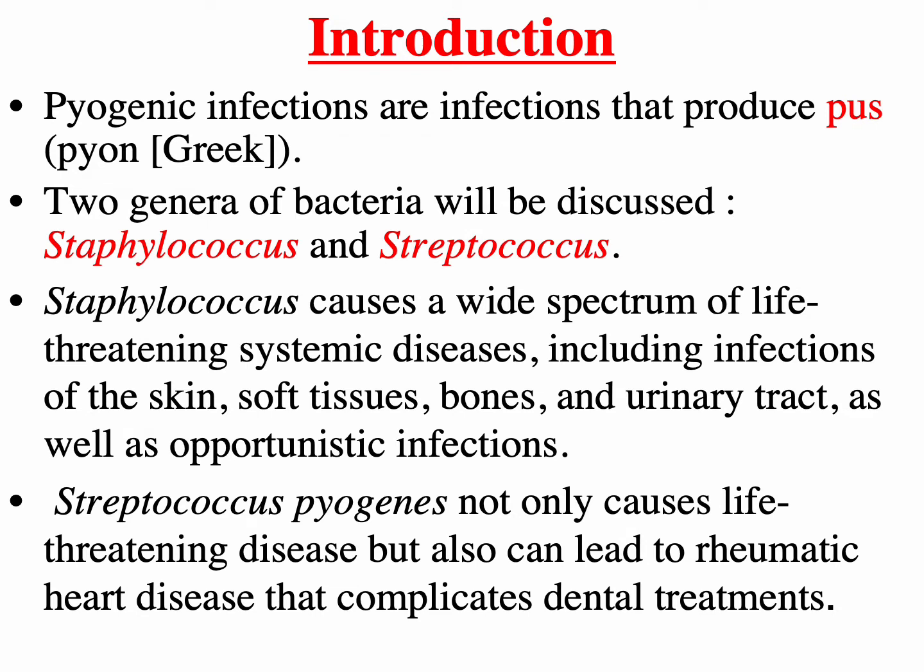Staphylococcus causes a wide spectrum of life-threatening systemic disease, including infection of the skin, soft tissues, the bones, urinary tract, the lung, whatever you can name. In fact, the whole body. Many areas can be infected by this organism, as well as opportunistic infection.